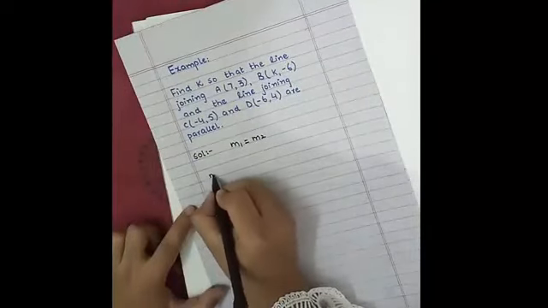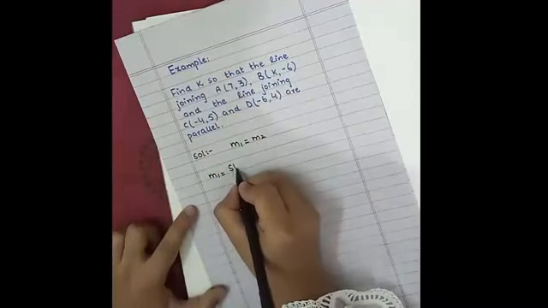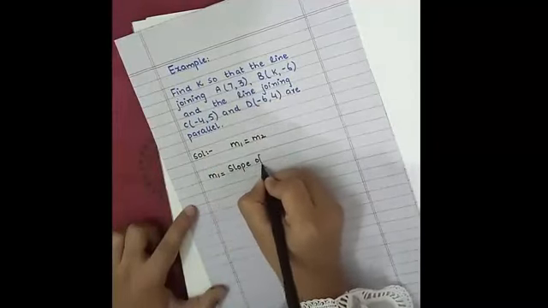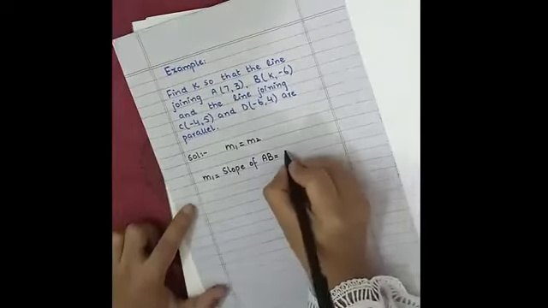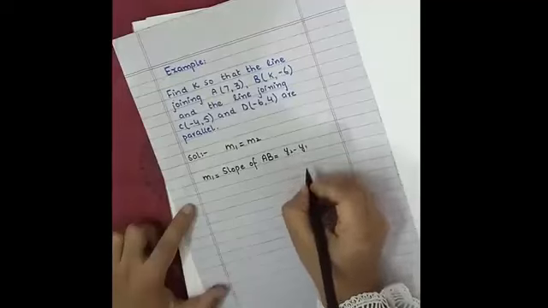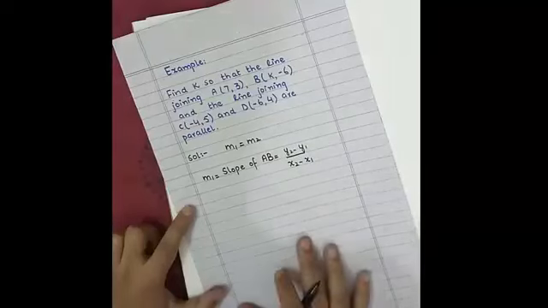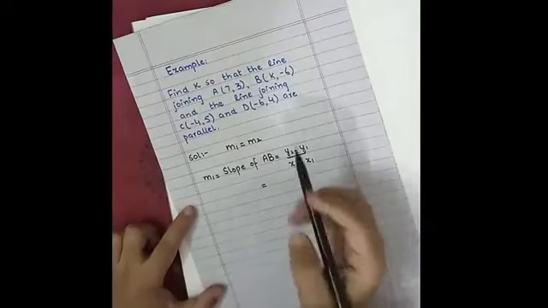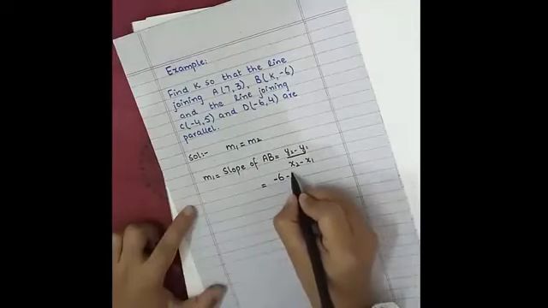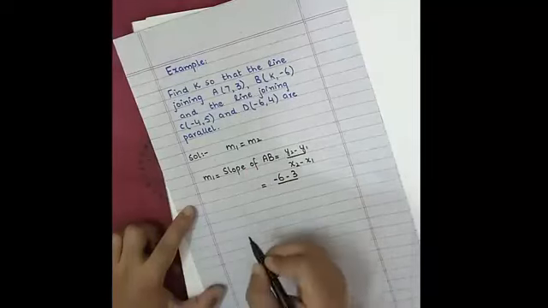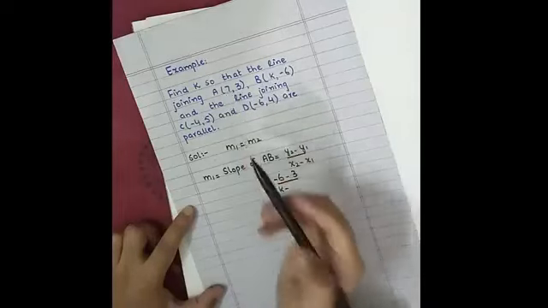Suppose that M1 is the slope of AB, which equals (y2 minus y1) divided by (x2 minus x1). This is y2 and this is y1: minus 6 minus 3 divided by, this is x2 minus this is x1.